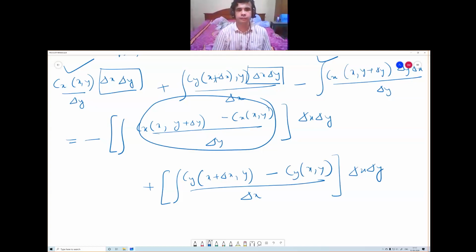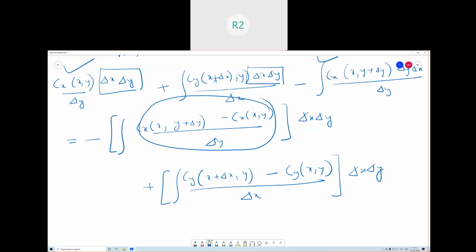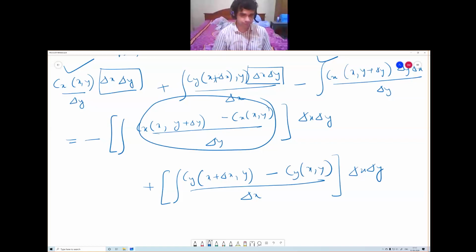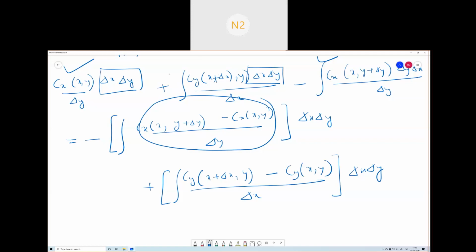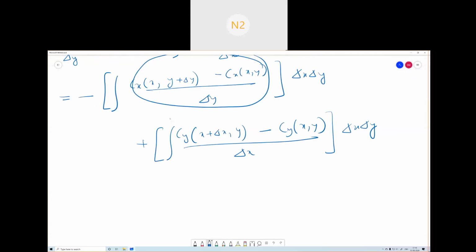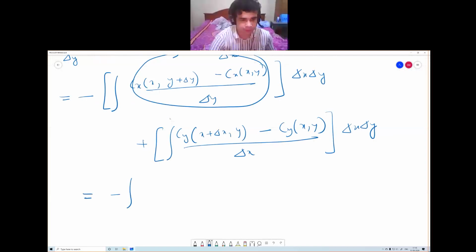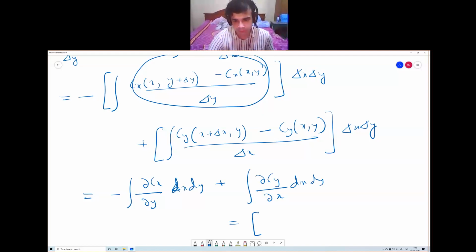What is this? Del Cx by del y. So this is equal to minus del Cx by del y dx dy, plus del Cy by del x dx dy. So we can combine this into the integral of del Cy by del x minus del Cx by del y, dx dy.